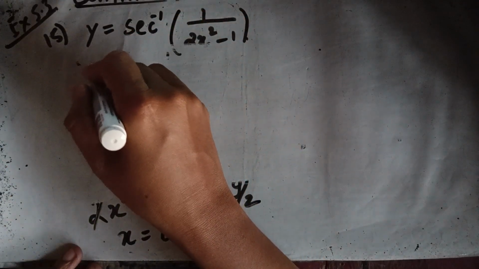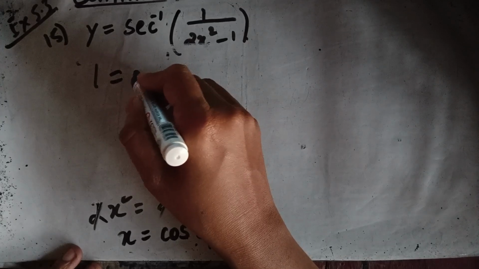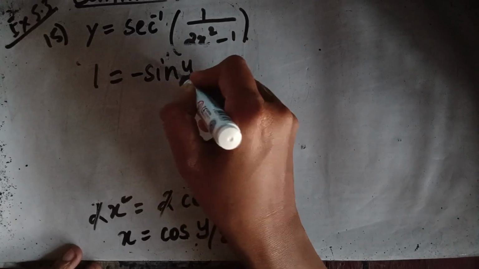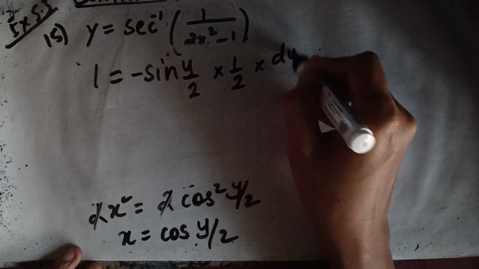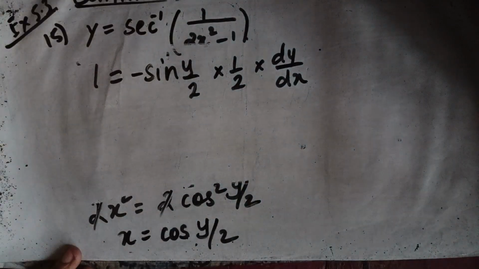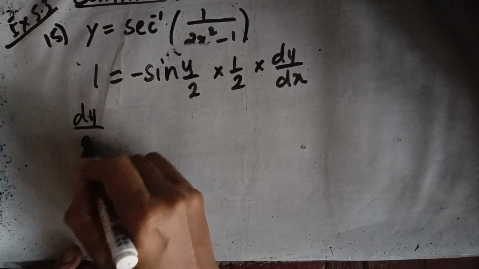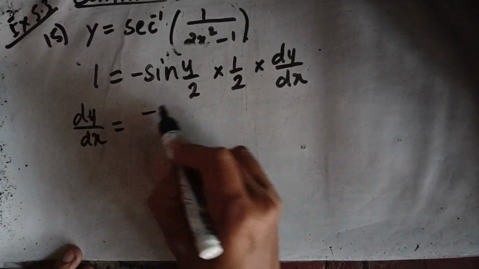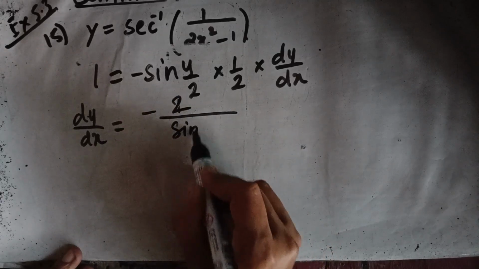So d by dx of 1 equal to cos y by 2 is minus sin y by 2 into half into dy by dx. Okay. So dy by dx is minus 1 upon 2 upon sin y by 2.